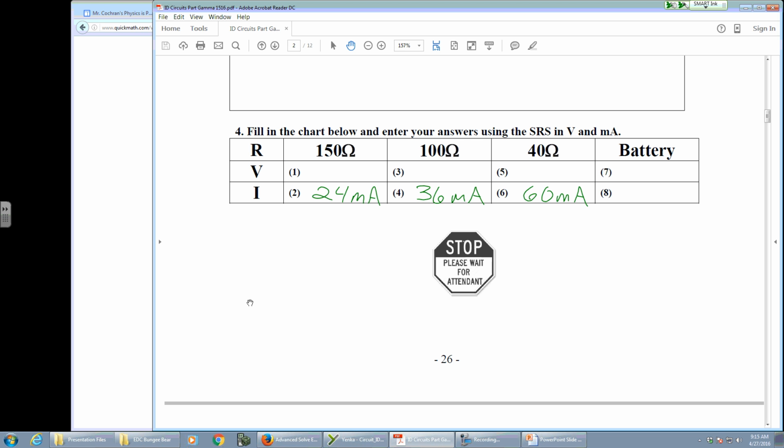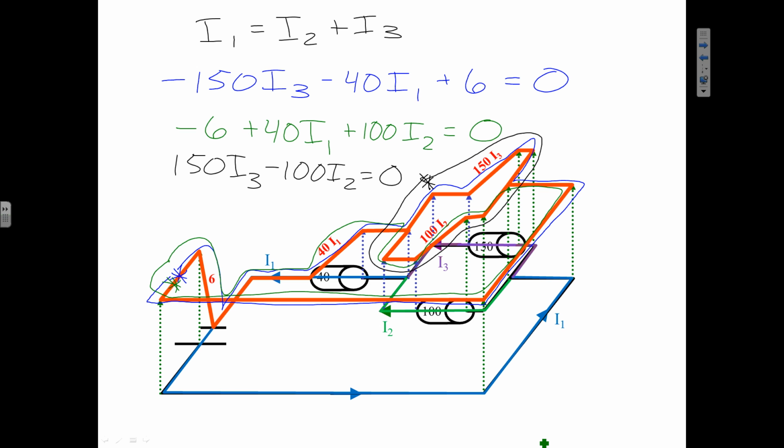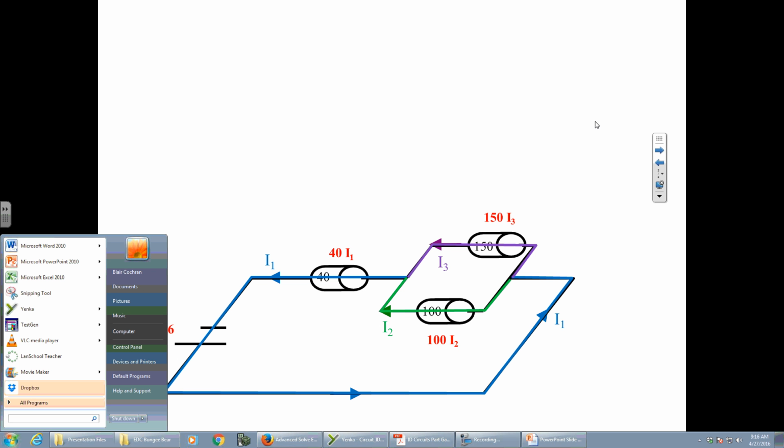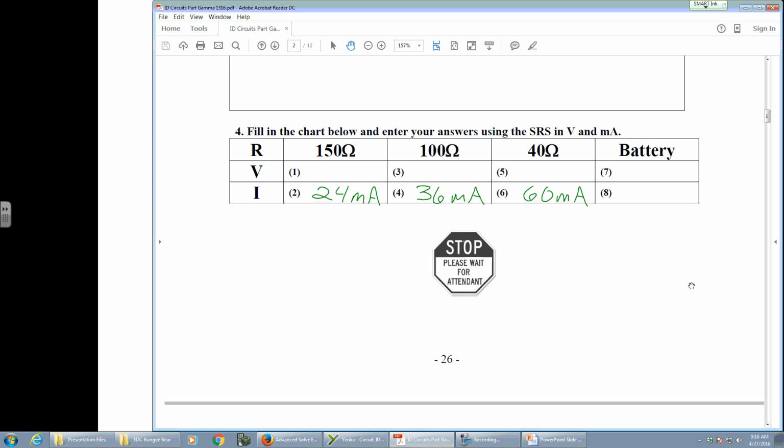What current went through the battery? Let's take a look. This is where these can be very helpful. I'm going to actually flip to the next slide. Which of my currents went through the battery? I1, right? I1 went through the battery. So that means that was 60 milliamps.